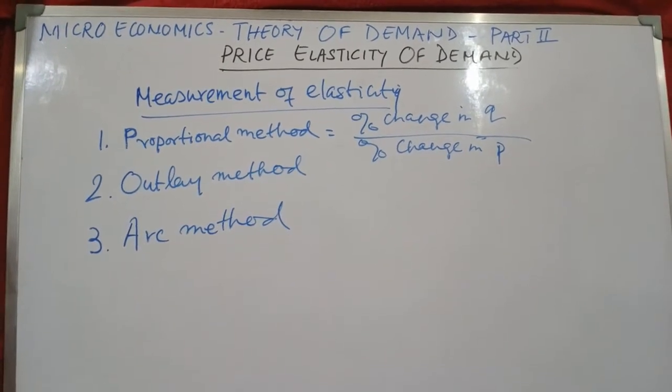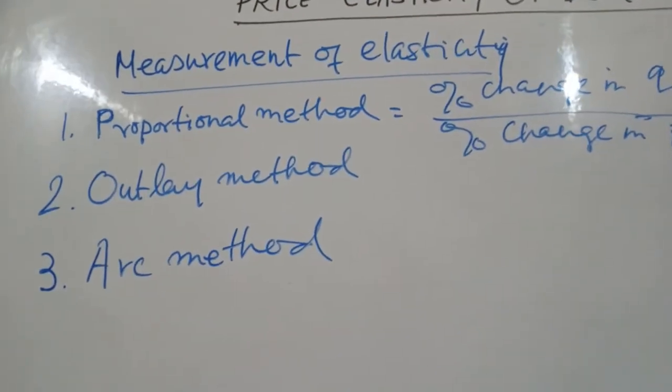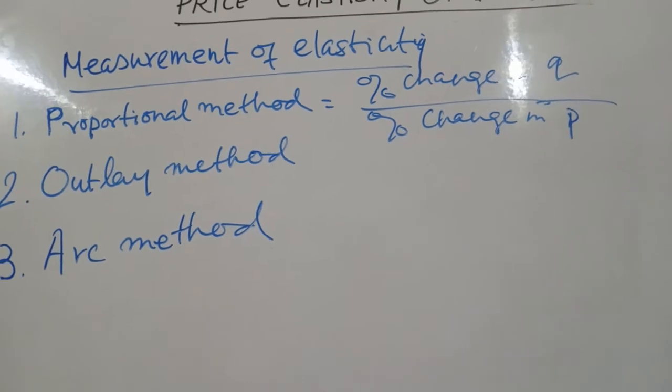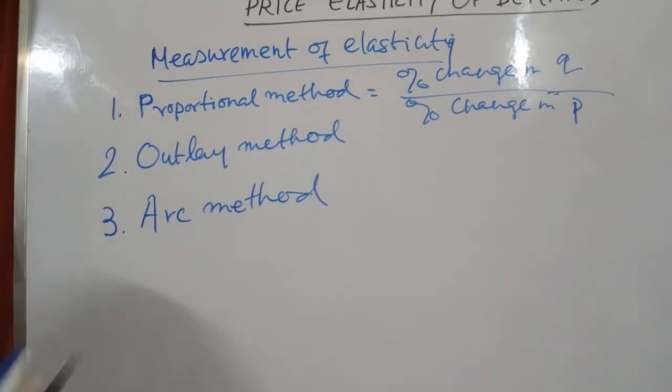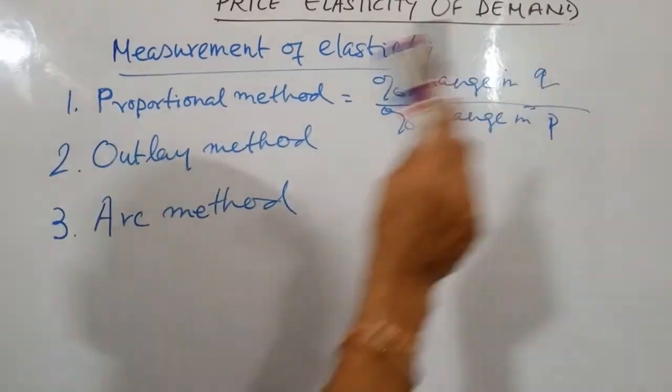Proportional method, outlay method, and arc method. Now the proportional method we have learned, that is percentage change in Q divided by percentage change in P.